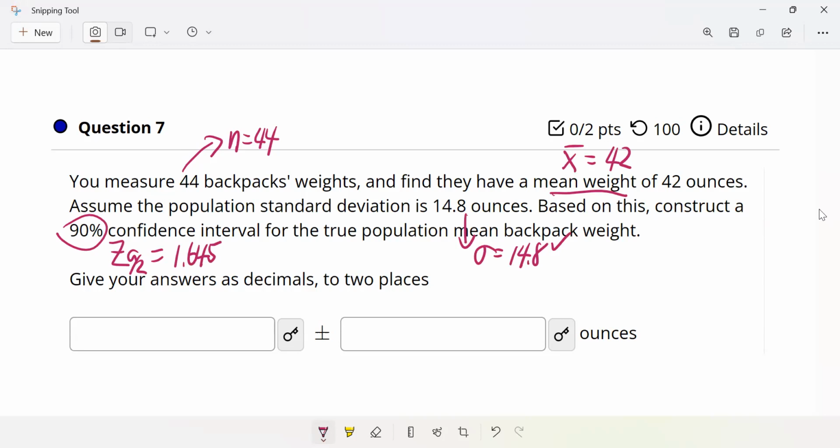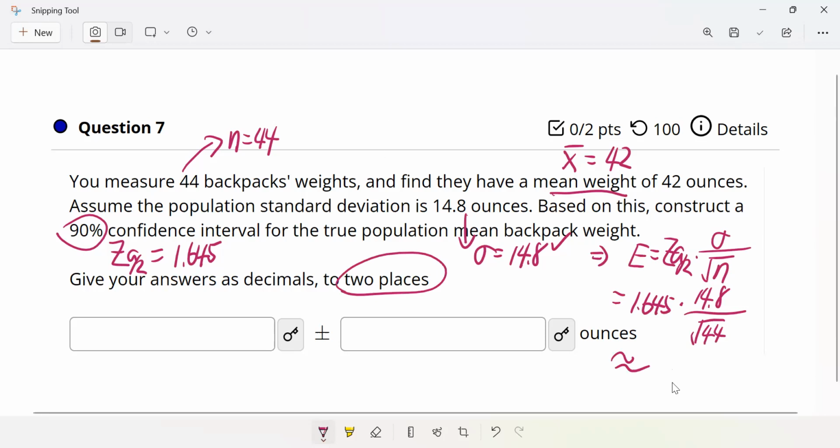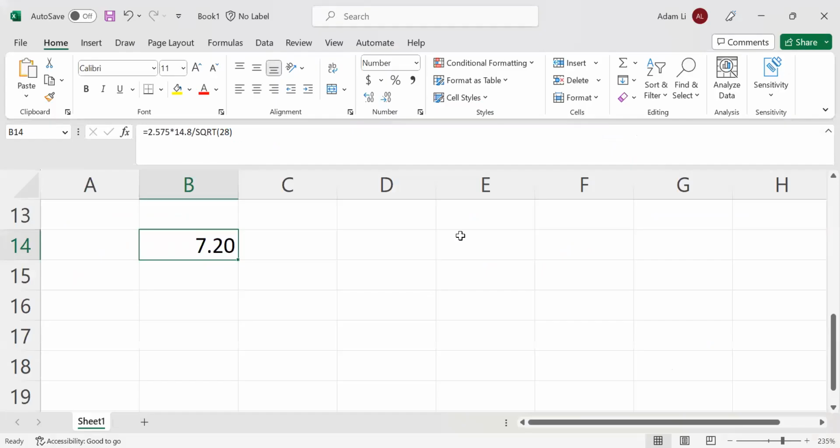Now one more time, you're going to use that to find the margin error. First, critical z-score times population standard deviation over square root of sample size. So it's 1.645 times 14.8 over square root of 44. And again, we're going to turn it into two decimal places.